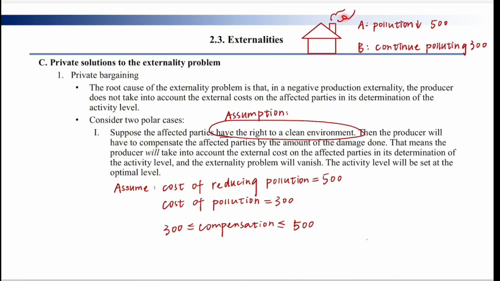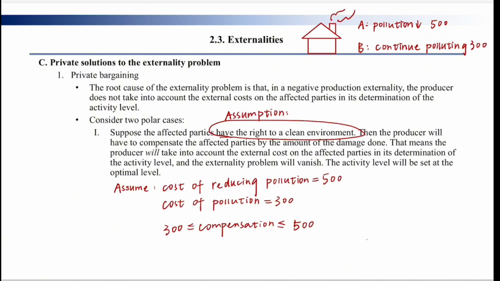Let's assume that there is a factory in a society and it's causing some pollution. And now it has two options. The first option is that it takes the initiative to reduce pollution, which may cost it 500 Hong Kong dollars. It may need to introduce some new equipment or use some new energy materials, all of which require spending money, right?